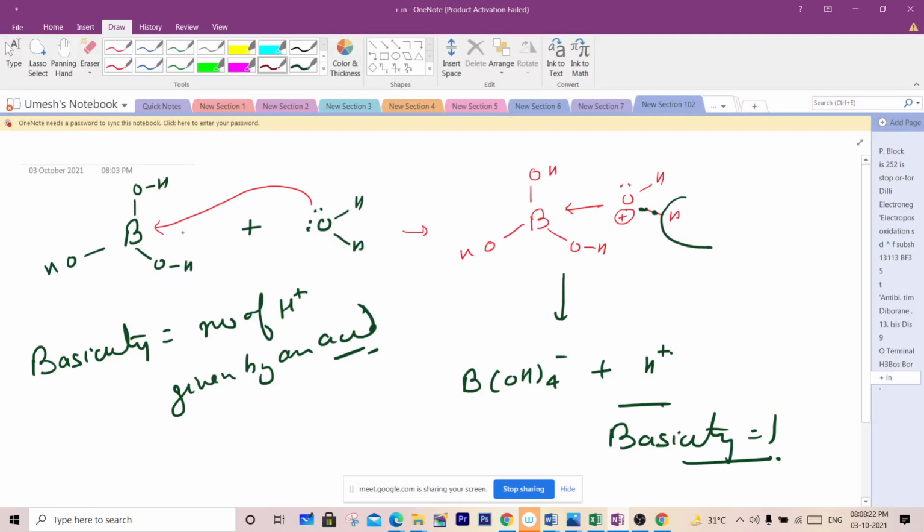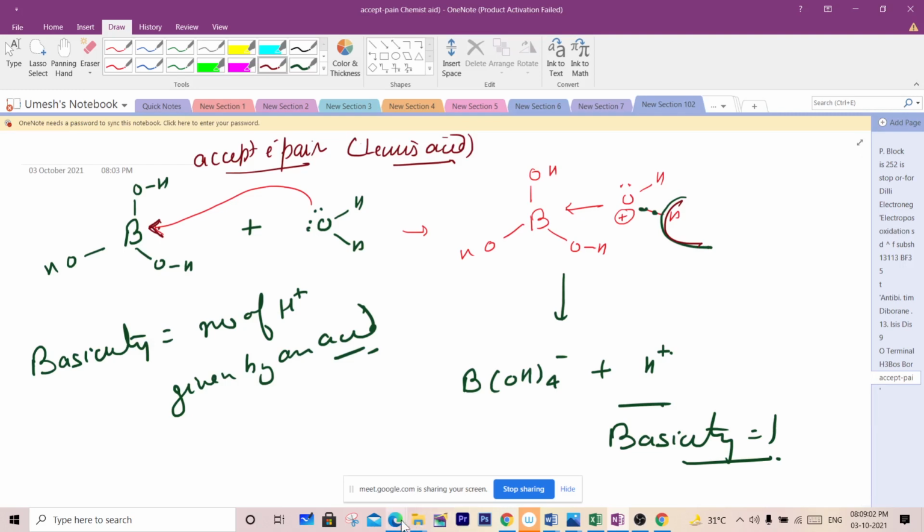When we dissolve it in water, the water donates an electron pair and the boric acid accepts it. When it accepts an electron pair, it acts like a Lewis acid. Lewis acids accept electron pairs and Lewis bases donate electron pairs. And it is monobasic because it gives only one H positive ion. That's true.